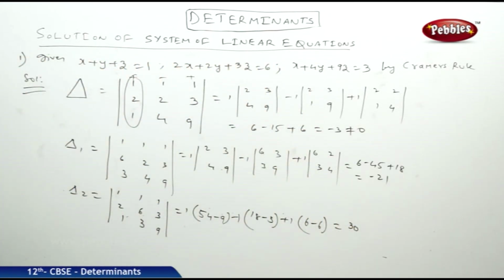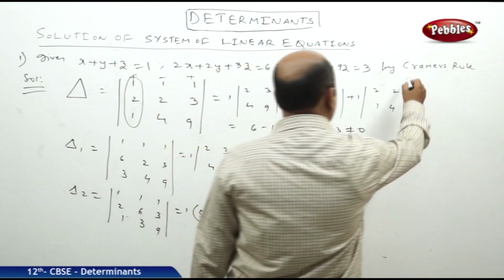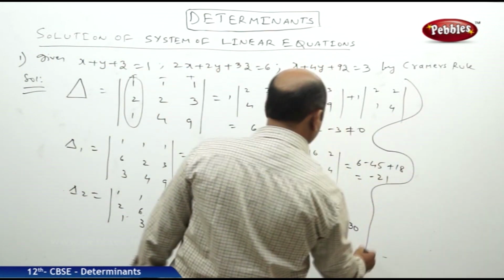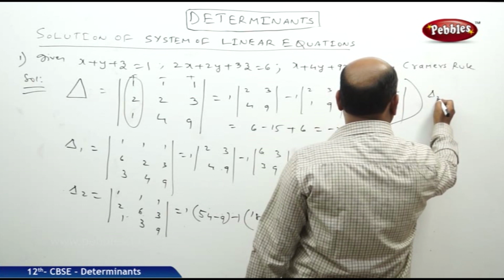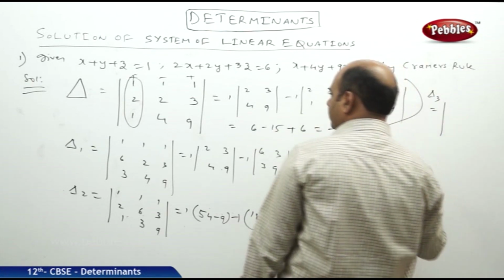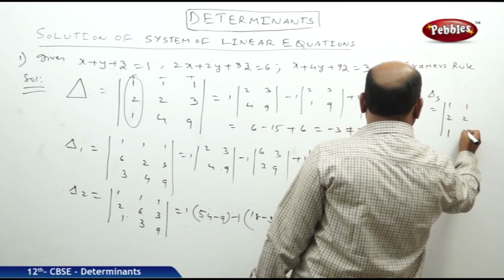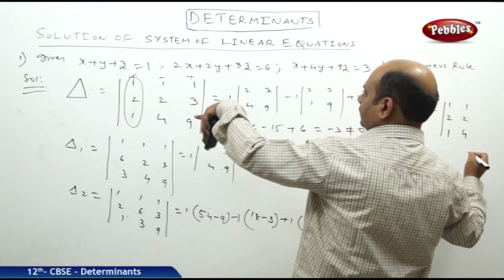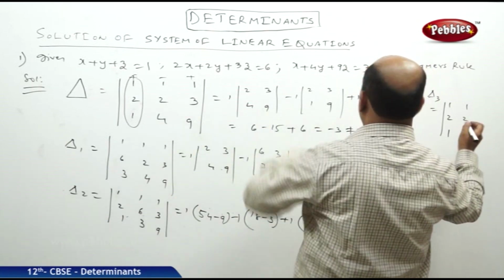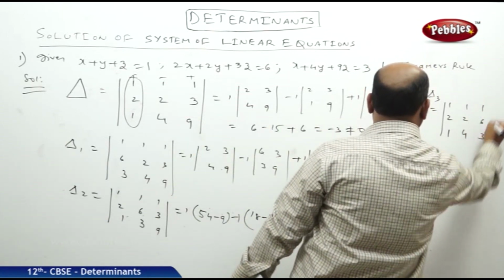And similarly I want to find delta 3. Delta 3 will be the determinant of 1, 2, 1, 1, 2, 4, and the last column should be substituted by 1, 6, 3.